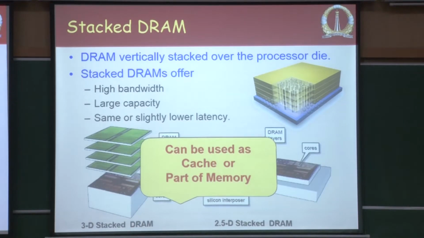That is one simple way of looking at it, and that is a way by which I can use my stacked DRAM as a part of memory. If my operating system understands that I have a stacked DRAM and understands its advantages, then it can allocate some parts of the memory on the stacked DRAM and some parts on the off chip DRAM, and my program can take advantage of that. In fact, one could do this in KNL.